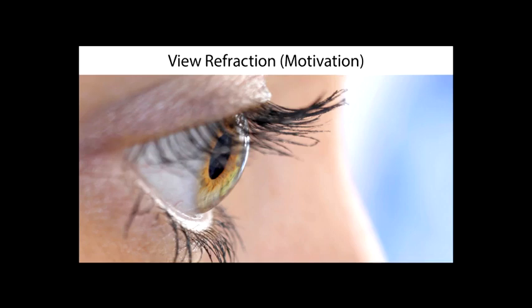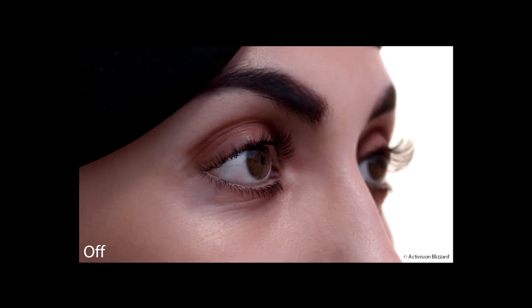So the next feature I want to show is view refraction, which probably is the most important feature you need to include in an eye shader to look realistic. Because this makes the iris look like a really three-dimensional structure instead of something flat, especially when you look at it from the side.